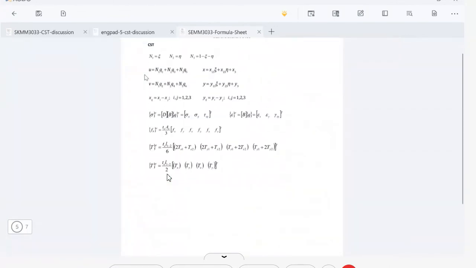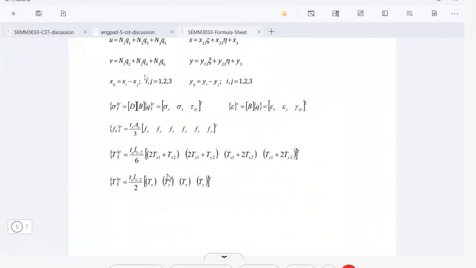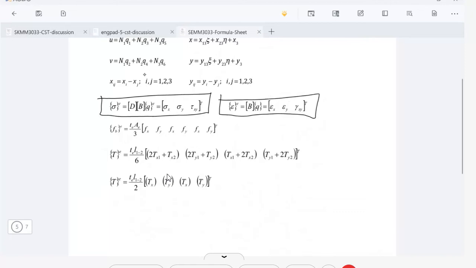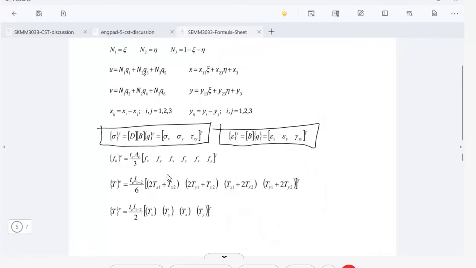Ah, yeah, this one. So these are the loadings. Okay. This is the stress. This is the strain. These are just the shape functions and so on. This is just the definition of x3, for example, y3, for example.